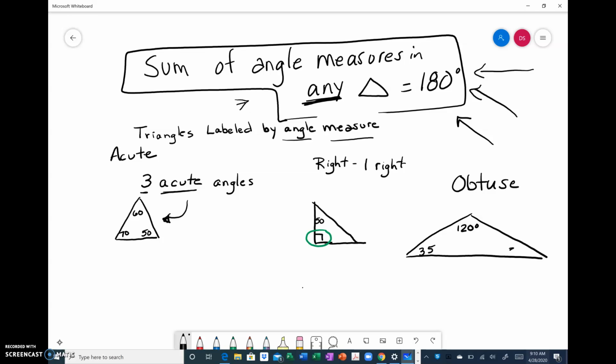And again, the angle measures would add up to 180. Okay, knowing this information, I want you to skip ahead to the bottom of 523 and answer 3 through 8. And then you're going to pause the video. You're going to answer those 6. When you come back, I will have the answers for you for all 6 of those.